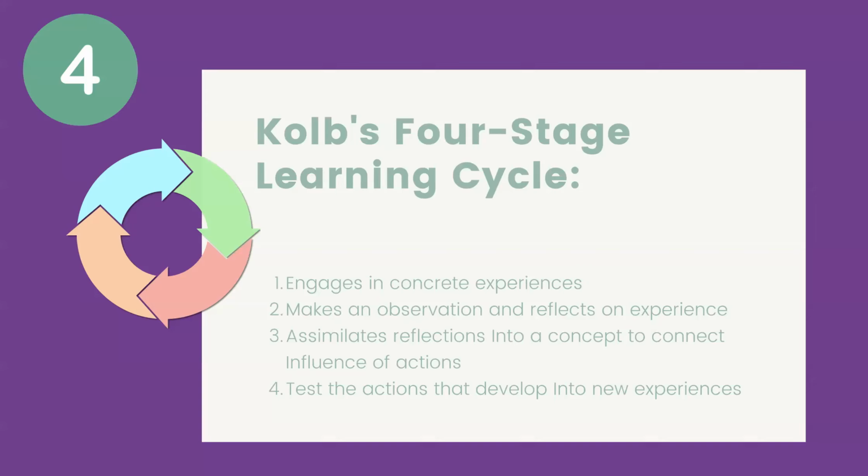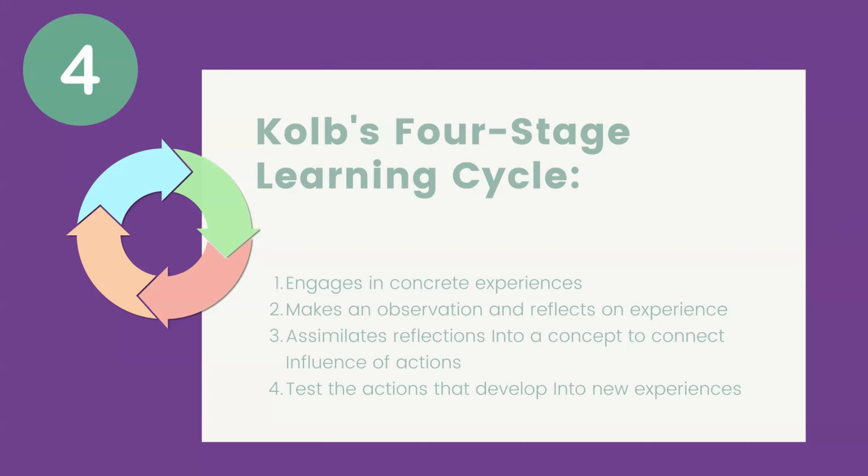First is the opportunity for students to engage in those concrete experiences. The second phase is making an observation and students taking the time to reflect on those experiences. And this is where journaling comes into play. Third, students are able to assimilate those reflective experiences into a concept to connect the influence of their future actions.